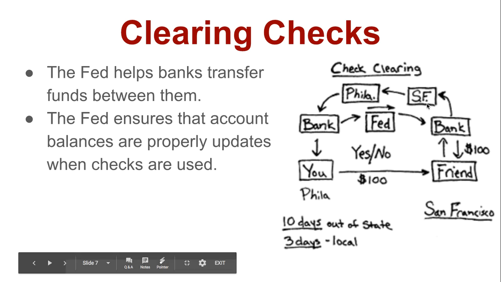The Federal Reserve Bank in San Francisco is going to add $100 to the bank account of your friend and then pass that check along to the Federal Reserve Bank in Philadelphia, which is going to subtract $100 from your bank account, making sure that the bank accounts even out the way that they need to, and that you have now had your $100 deducted from your bank account. That's a process of clearing a check and the involvement of the Federal Reserve System in doing so.